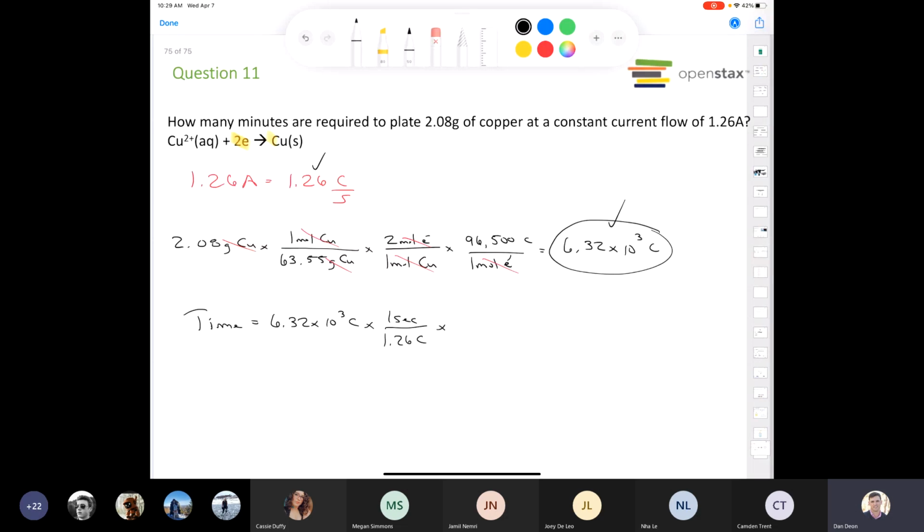It's asking me for minutes, so I know that in 60 seconds I have 1 minute. Coulombs cancel, seconds cancel, and I end up with the number of minutes, which is 83.6 minutes.